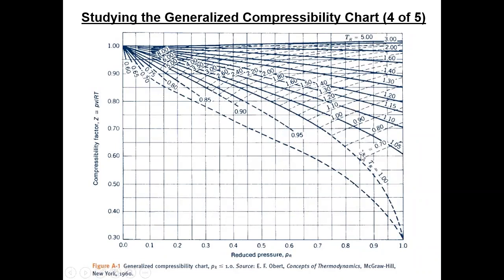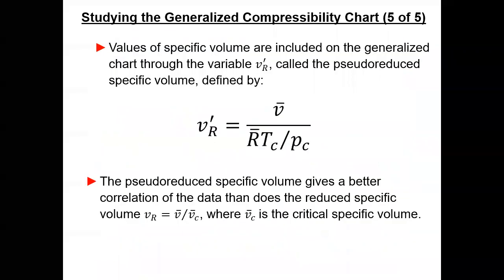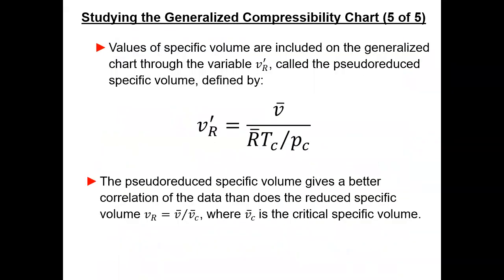That's V prime sub R. That's the pseudo-reduced specific volume, and it's kind of interesting. There's the definition for it. Values of specific volume are included, as we just saw, on the generalized compressibility chart through the variable V prime sub r, called the pseudo-reduced specific volume.